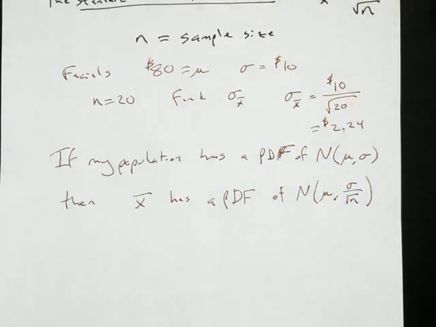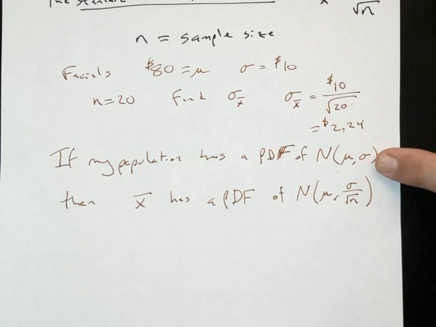Now, this observation that sampling narrowed my standard deviation gave rise to a very big question. What if this isn't a normal distribution?